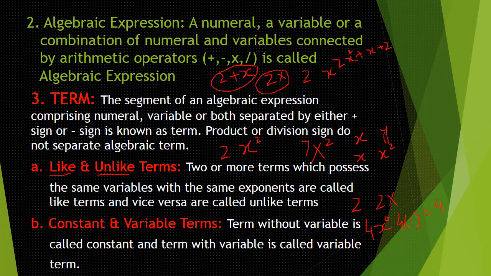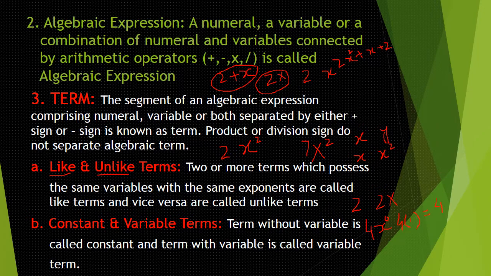In this way, if I write only 2, so 2 is also an algebraic expression. You should keep in mind that 2 is also an algebraic expression. And if I write only x, then x alone is also an algebraic expression. You should keep in mind that an algebraic expression may contain one term, two terms, three terms or more.